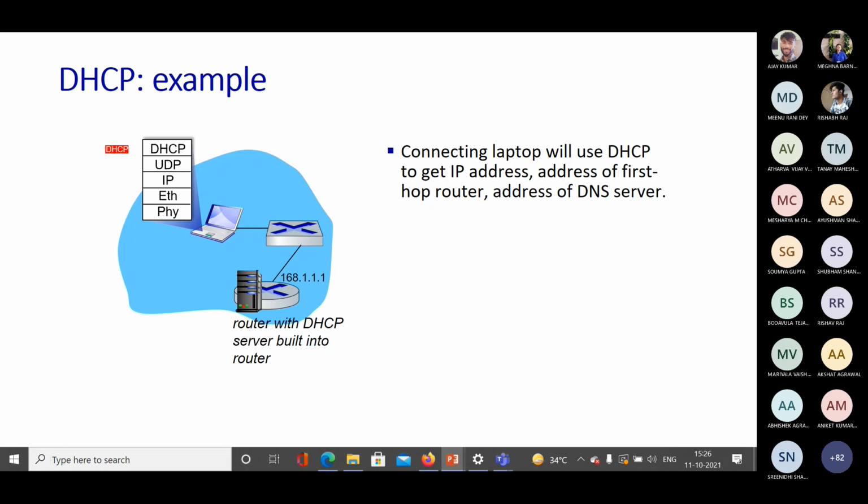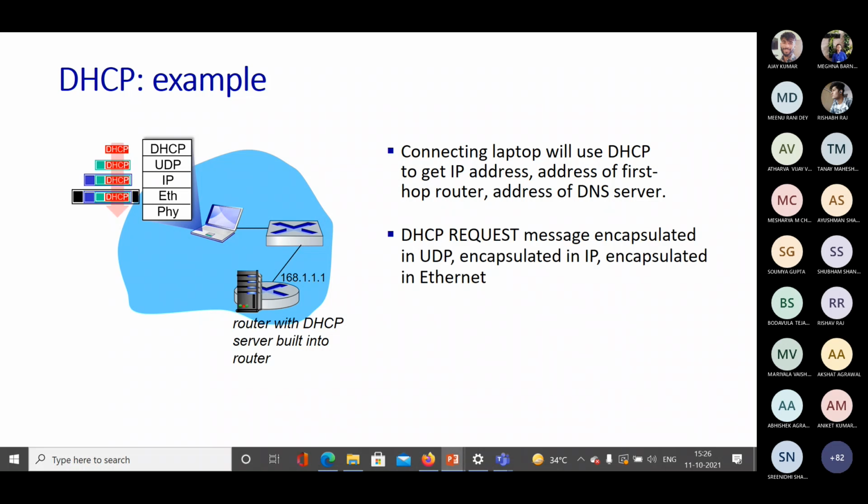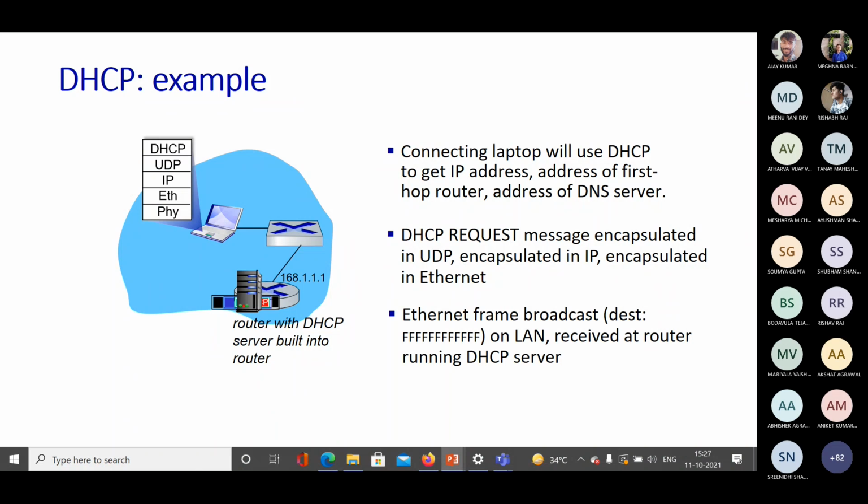Now, layer by layer, from message, then segment, then datagram, and then it becomes a frame, and then it has to be transferred. These are Ethernet connections, that is wired connections, so it is transferred over the Ethernet medium.